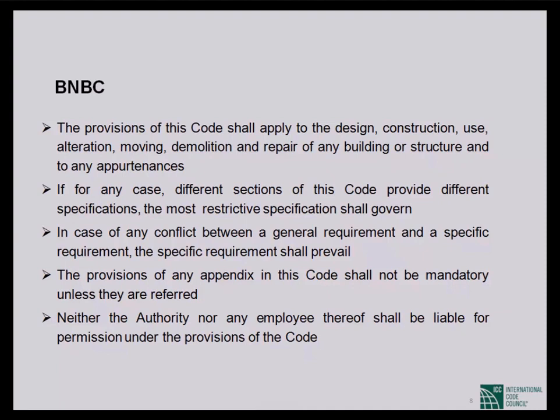And the third one is, in case of any conflict between a general requirement and a specific requirement, the specific requirement will prevail. In part 4, there are some general requirements and some special requirements. If something gives some conflict, we have to select the specific requirement. Another thing is the provisions of any appendix in this code shall not be mandatory unless they are referred to.